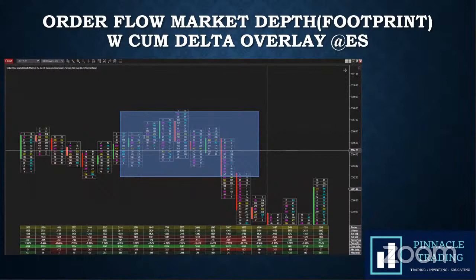I can also reference it here if I want to look at the overall delta, in this case for the ES contract. It also shows me the delta percentage, whether it's positive or negative, red or green. And as you can see, the colors change as price starts moving one direction or the other, letting me know that there's either more selling activity coming in, or buyers are stepping in to take prices higher.